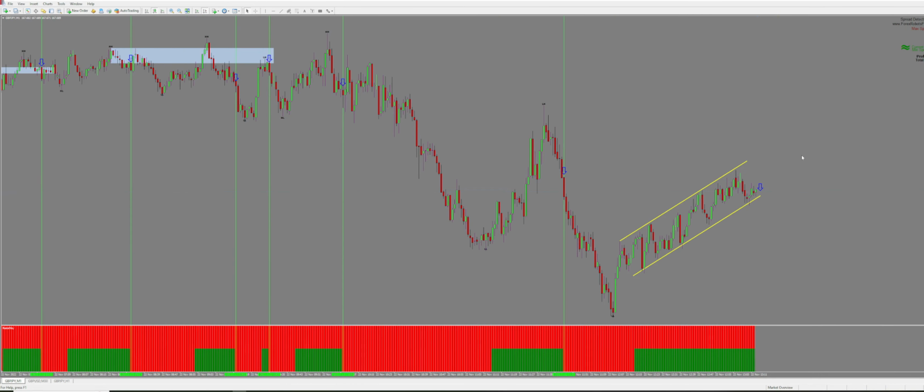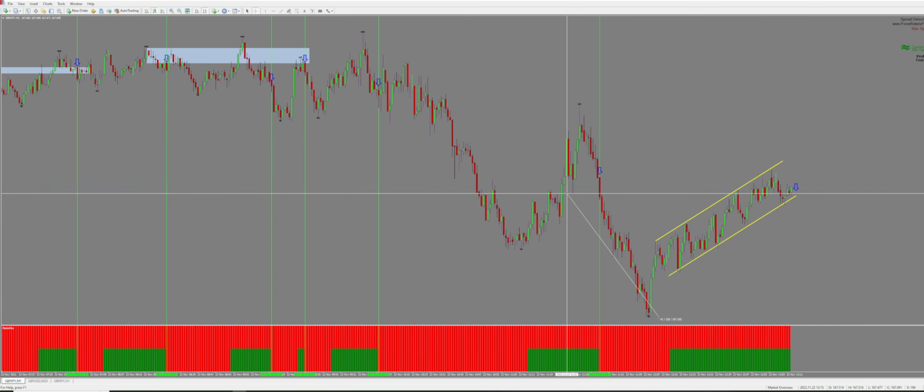So if I get a signal here that says short and I take it and it stops me out, it's not a big deal. Because it's the expense I have to pay to find myself in this sell trade that will work out, or in that sell trade that will work out.